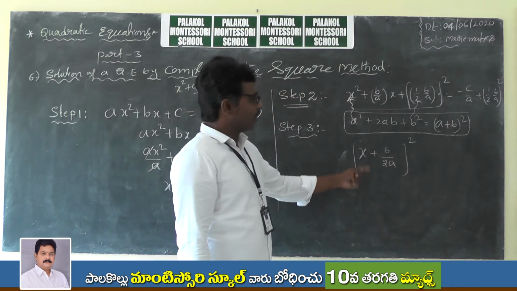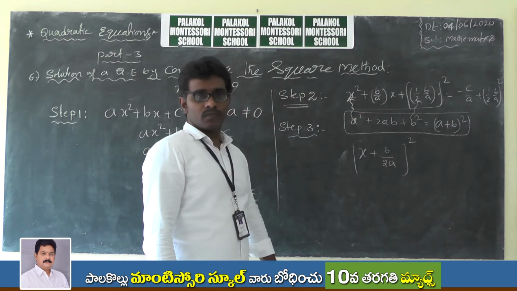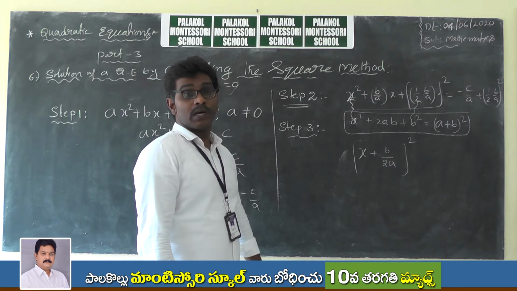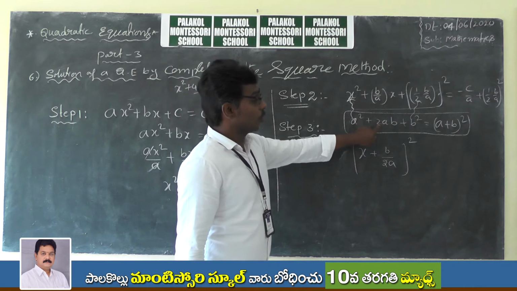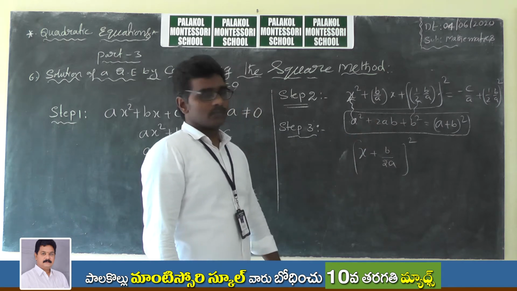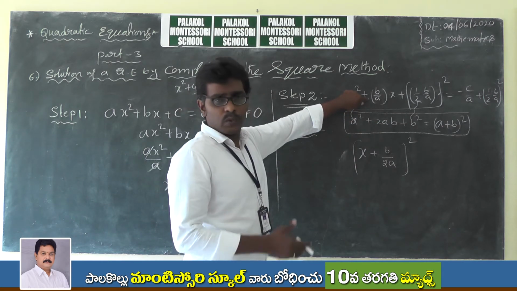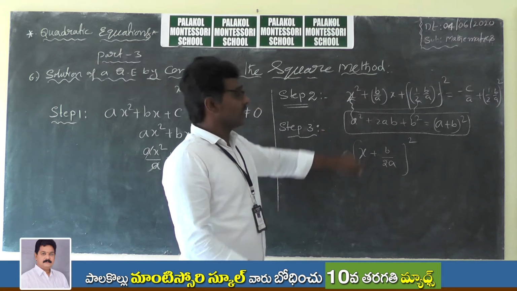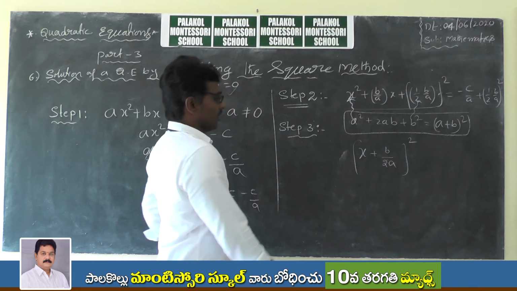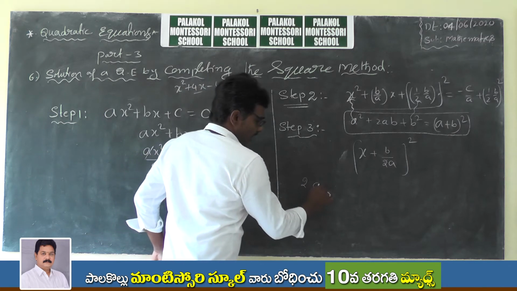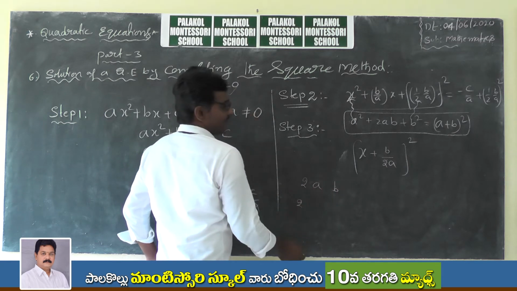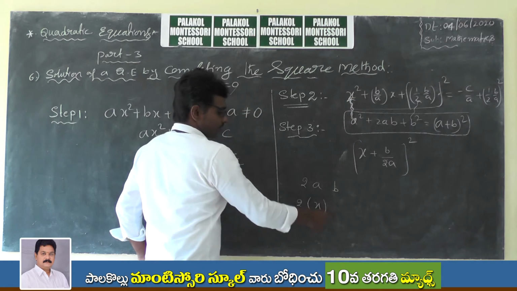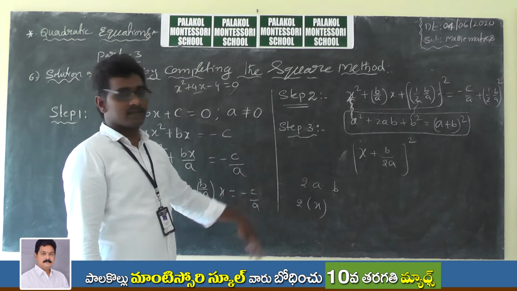You expect to get this term. Definitely some doubt arises in your mind. What is that doubt? Here the 2ab term is there, but in this case the 2ab is not there. But roughly, I write 2ab. Here 2a means what you take as x, so in place of a you write x.